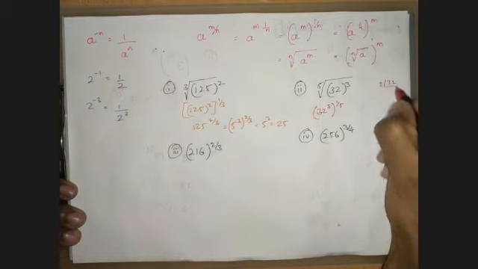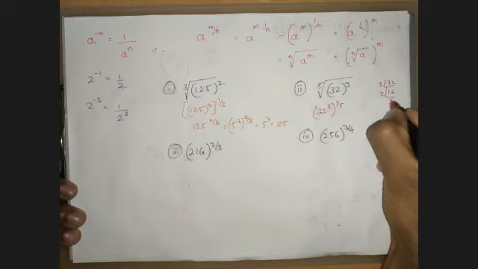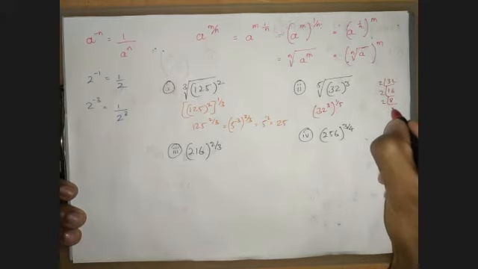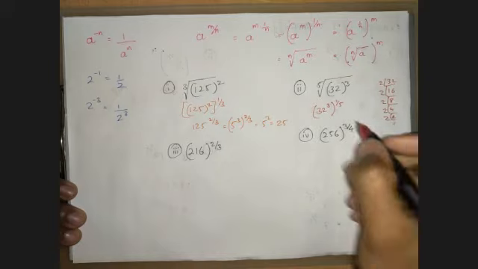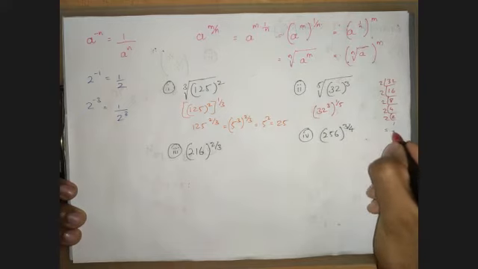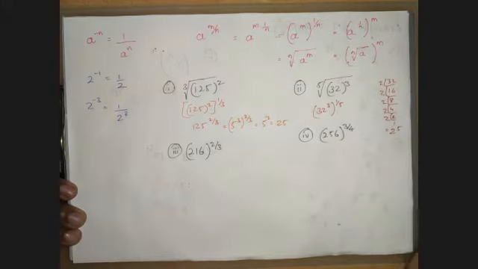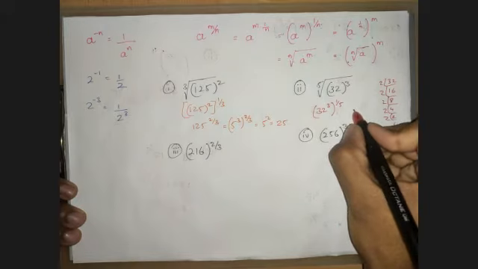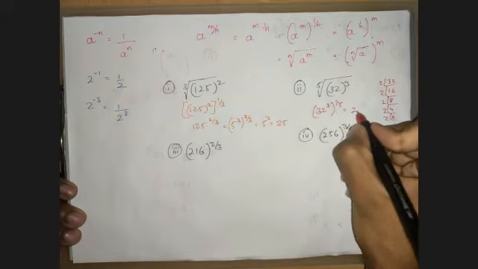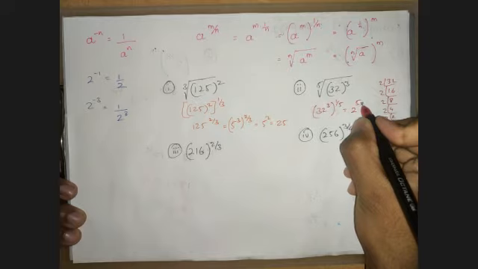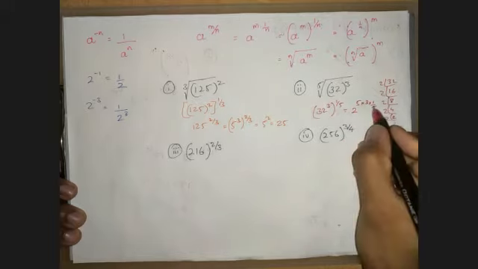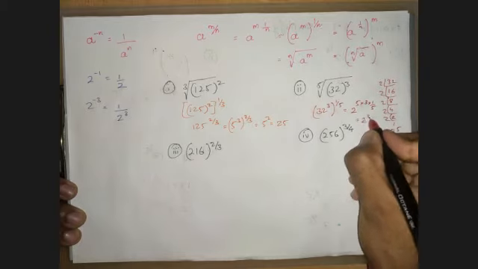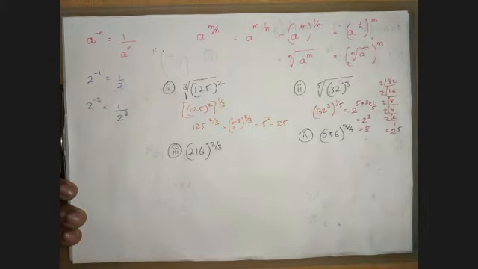That is 2s are 16, 2s are 8, 2s are 4, 2s are 2, 2s are 1. So this 32 can be expressed as 2 power 5. So this is nothing but 2 power 5 into 3 into 1 by 5. So 5 gets cancelled. This is 2 power 3, which is equal to 8.